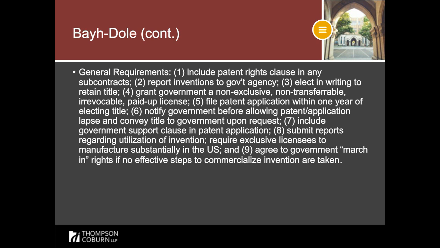You have to report the invention to the agency and inform the agency in a timely manner that you're going to maintain title of the invention, and your applications have to have a government support clause in them, and you have to basically be diligent in filing the application, finding licensees, and getting the invention into the marketplace.